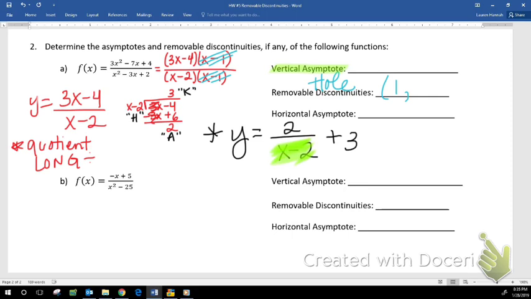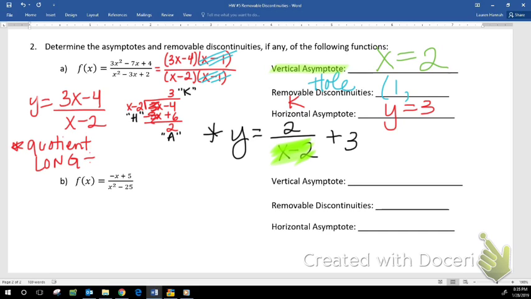Since it is x minus 2, the vertical asymptote will be the opposite, x equals 2. Sorry, I'm trying to change my colors here. Similarly, the k value gives the horizontal asymptote, so that's just y equals 3.